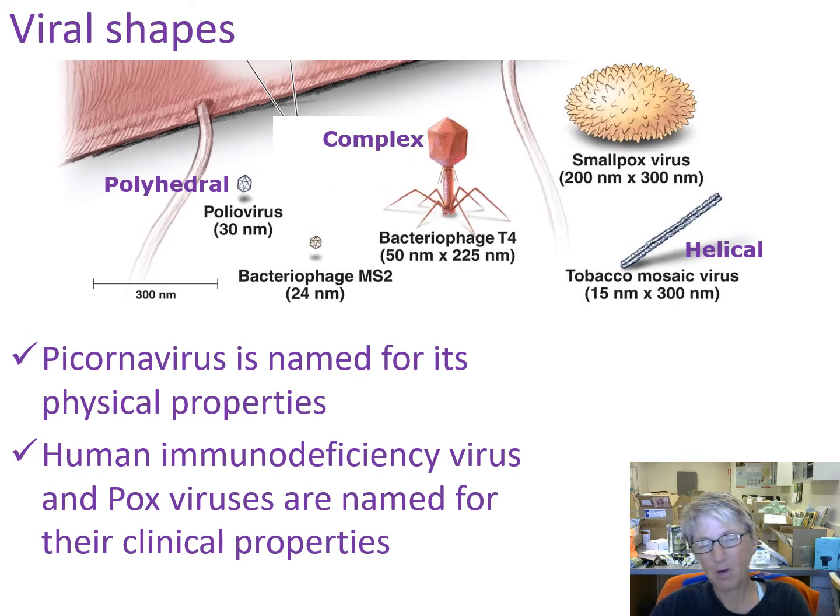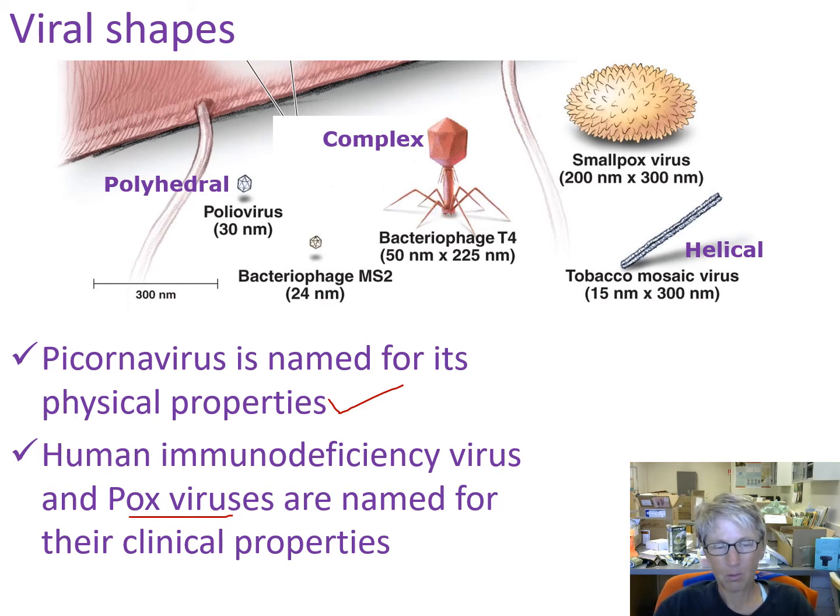There's another type of virus, picornavirus, and it's named for its physical properties, not necessarily its shape. Human immunodeficiency virus, so that's HIV, that causes AIDS, and the pox viruses, they're named for their clinical properties, not their physical properties or their shapes.